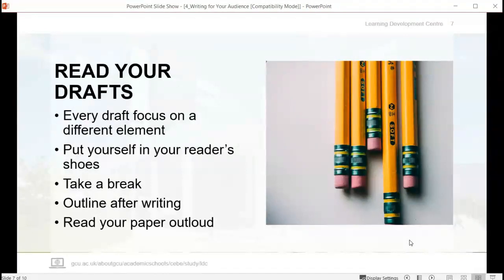Essentially, you're trying to read it as if you have no previous knowledge of this material. And you want to ask yourself, have I explained this enough? Are my connections clear? Is this easy to understand? Does this make sense where this is coming? Or actually, should this come later?